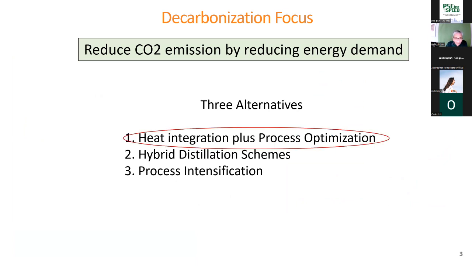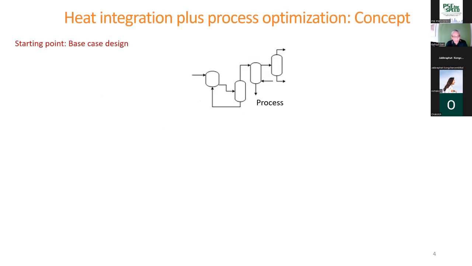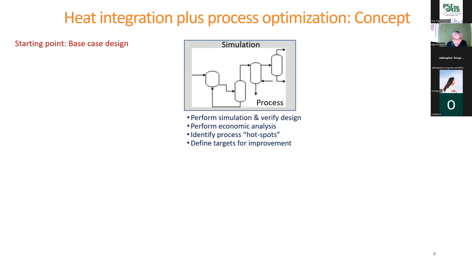So the first part is heat integration and process optimization. So we look at first the process. It's a very simple diagram of a process. And what we want to do is to design this process, simulate this process so we can verify the design.